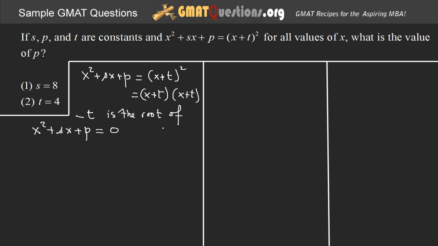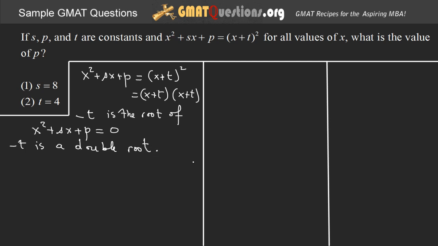And it's a double root. So negative t here is a double root. That's what it's called.